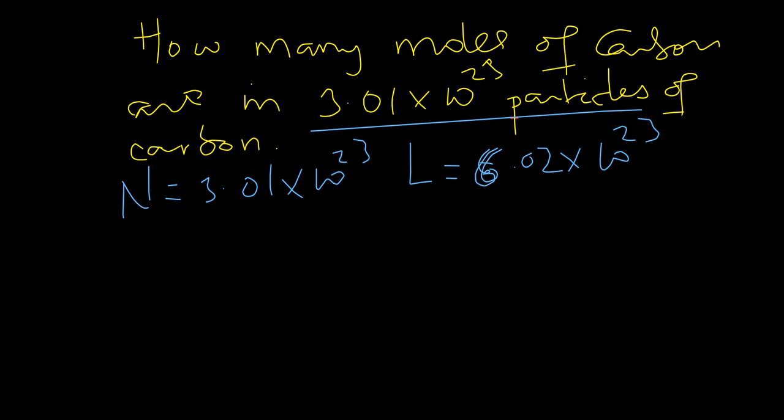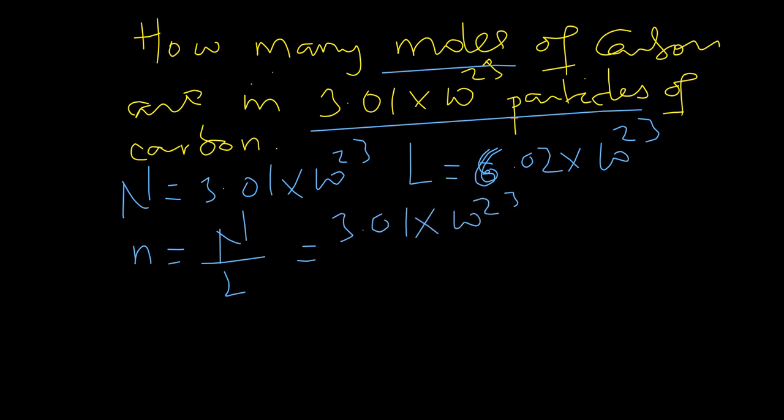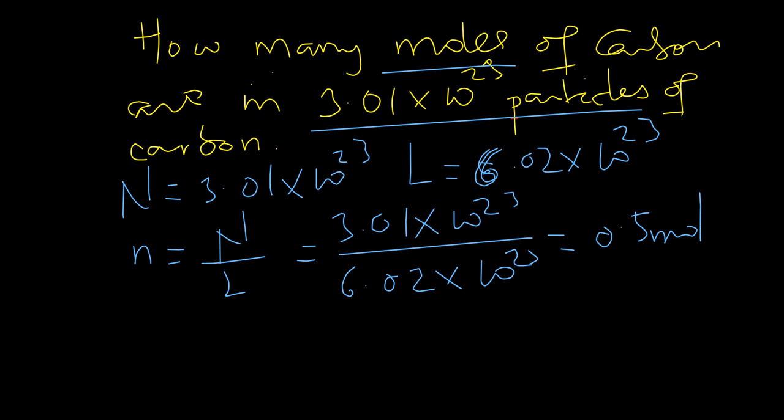If you have to calculate moles, the moles equal the number of particles divided by the Avogadro's constant, which is 3.01 times 10 exponent 23, all divided by 6.02 times 10 exponent 23. When you do the math, you are going to get 0.5 moles of the carbon. That's as simple as that.